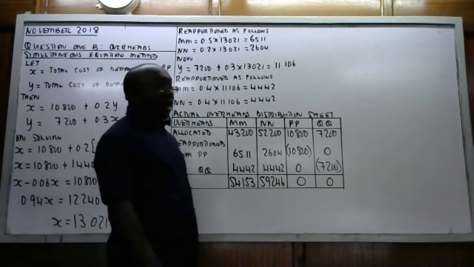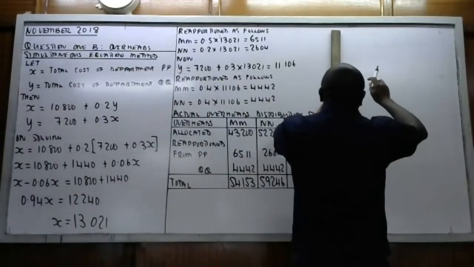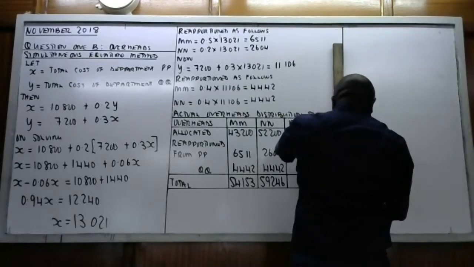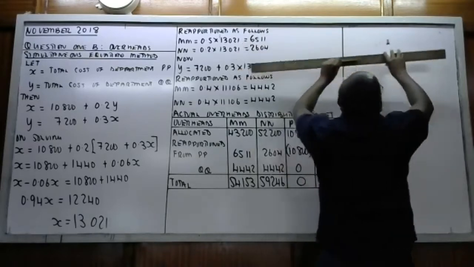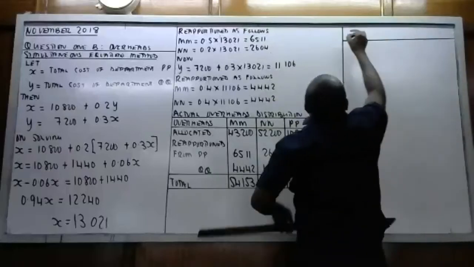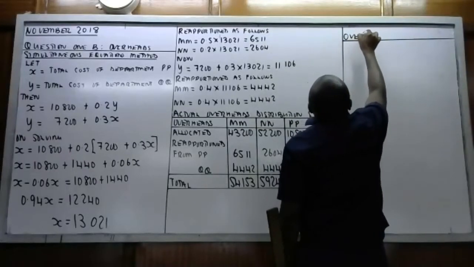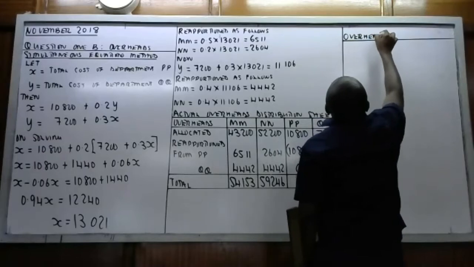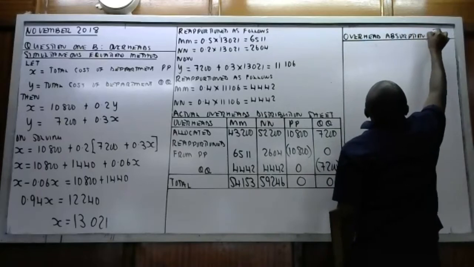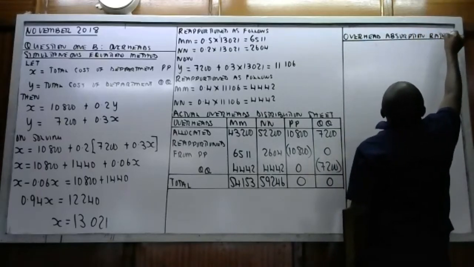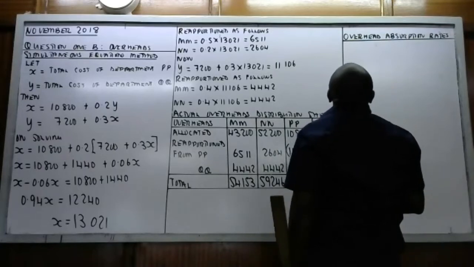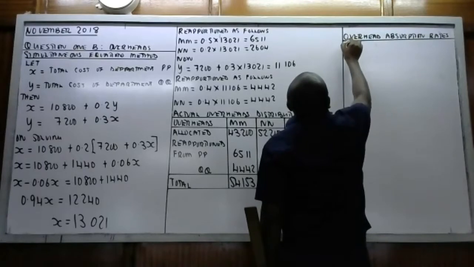So we are through with getting the actuals. The next thing that we need to get is overhead absorption rates. So hii tunaweza igawa namna hii.